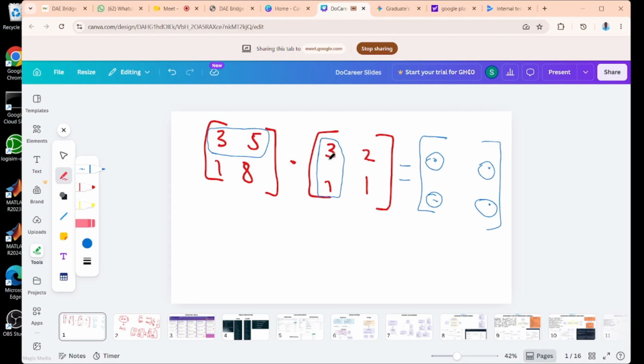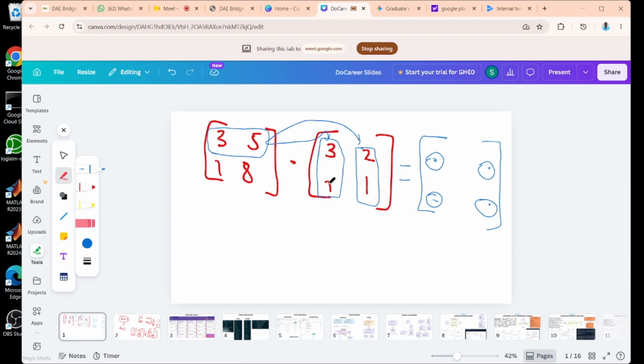So it's row against column. This first row of the first matrix, we multiply with the first column of the second matrix. And then after that, it's as if you are doing expansion. After you do this one, you use the same 3, 5 to also multiply this side as well.